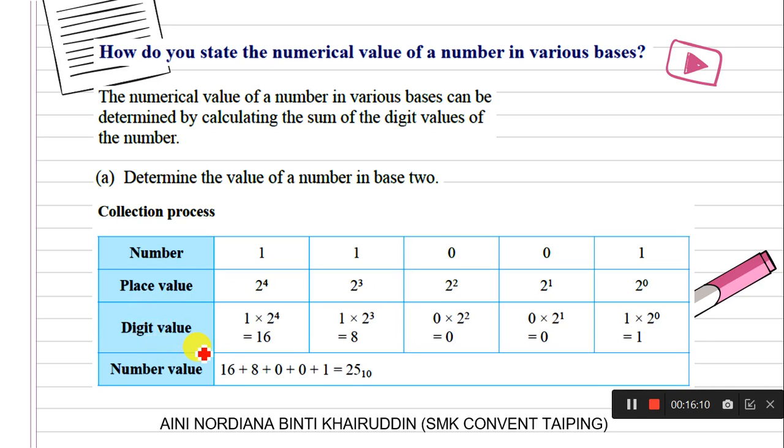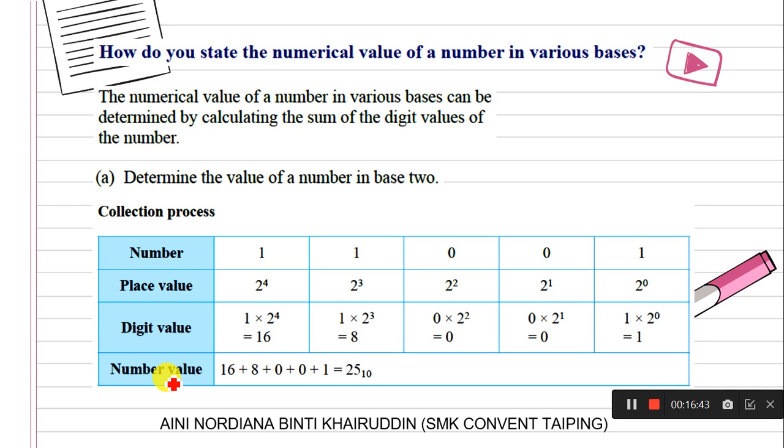From the previous example, we stop at the digit value, and we are not calculating the value of all the digits. We only calculate for one digit, which is the underlying digit. But now we calculate for all digits in that number, and then calculate the number value.